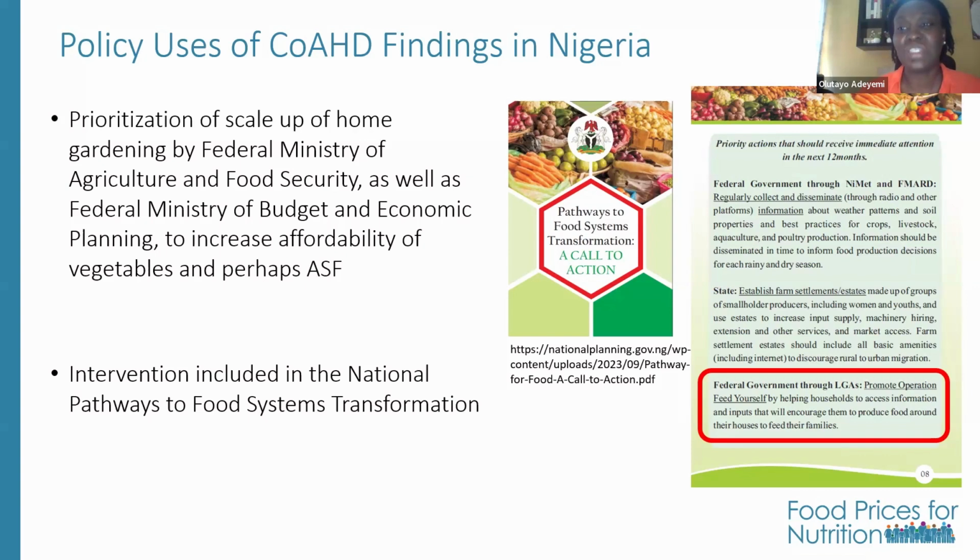Considering the data about affordability, one of the priority interventions for them, and it's still a priority intervention included in the pathways, is what they call Operation Feed Yourself. The government is providing a lot of support to states and local governments to support people to grow home gardens and, if possible, to also have maybe poultry to produce eggs just for their own household.